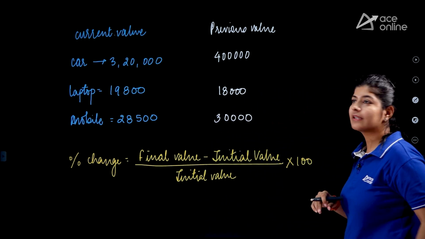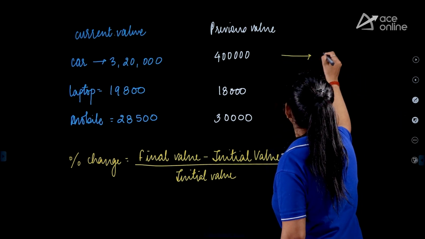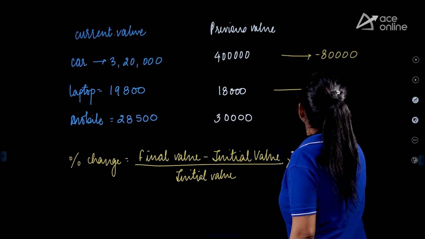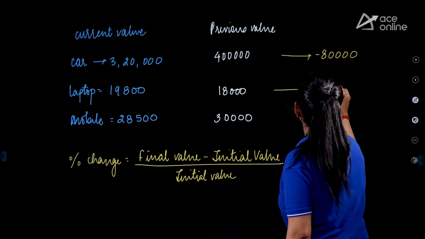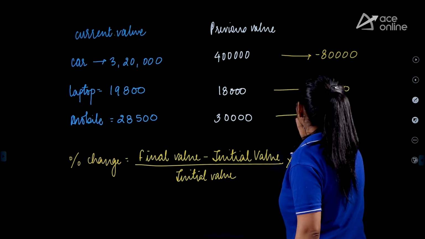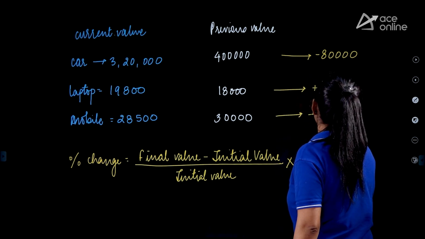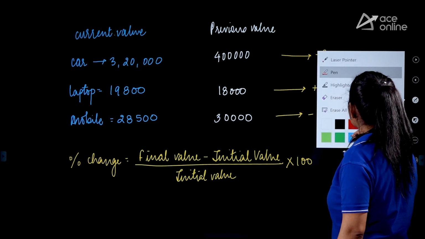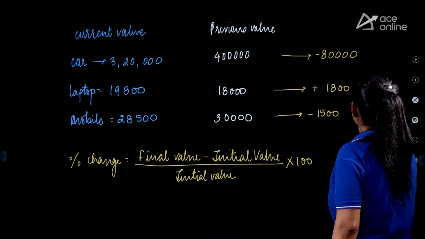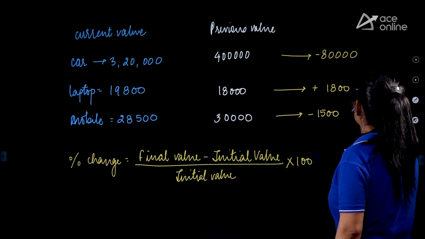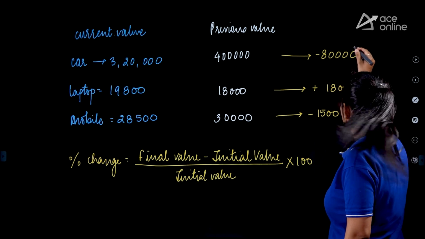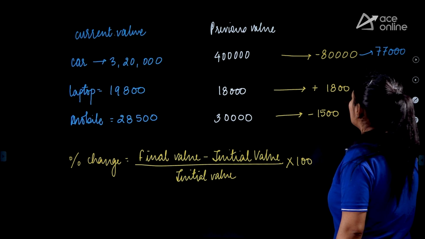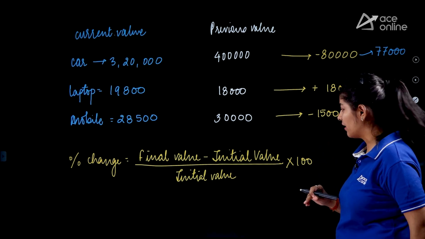This is the formula that we are having. So here we are having a difference of minus 80,000. Here we are having an increment of 1,800, and here we are having a decrement of 1,500. So ultimately we can say that we are having a difference of plus 300. And when I eliminate 300 from this one, what I'll get is roughly 77,000.